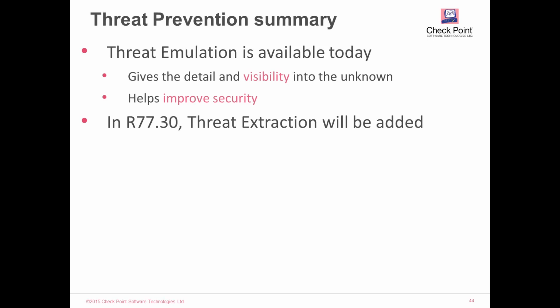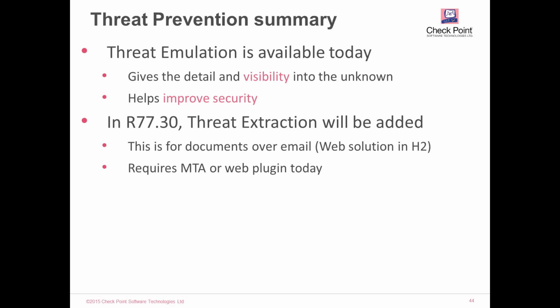Secondly, in R77.30, which we'll soon see, threat extraction has also been added. Threat extraction is a solution based on extracting the bad elements, the active elements, out of documents, and currently it works over email. There is a web solution which we can demonstrate now through a browser plugin, and there is also a solution for web planned in H2.